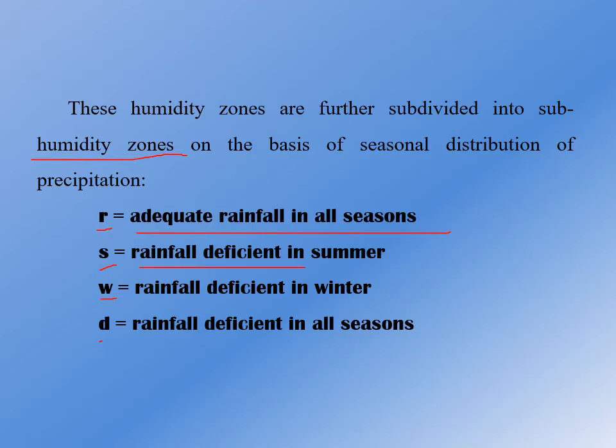So all the five humidity provinces can be again subdivided depending on this seasonal distribution of precipitation into these four subdivisions.